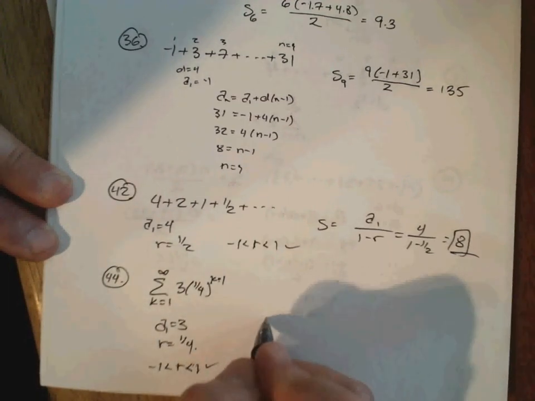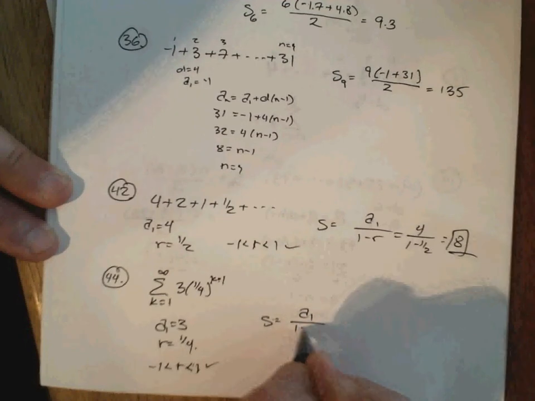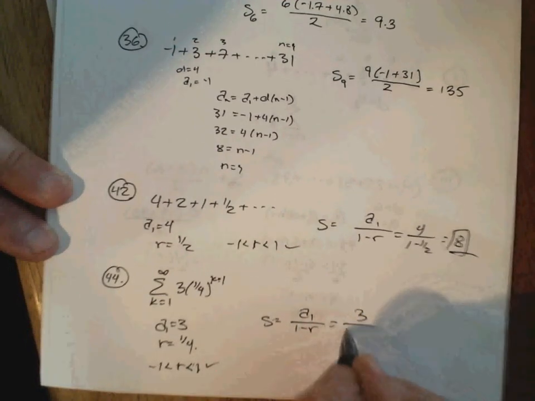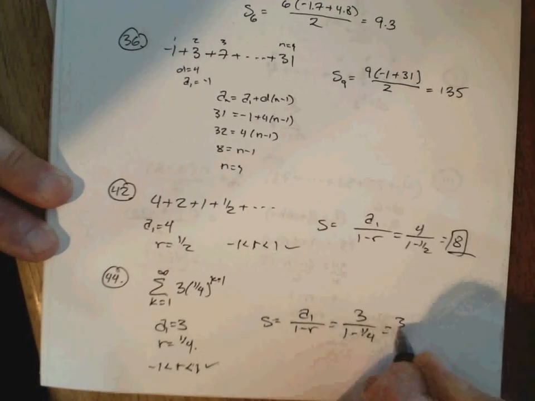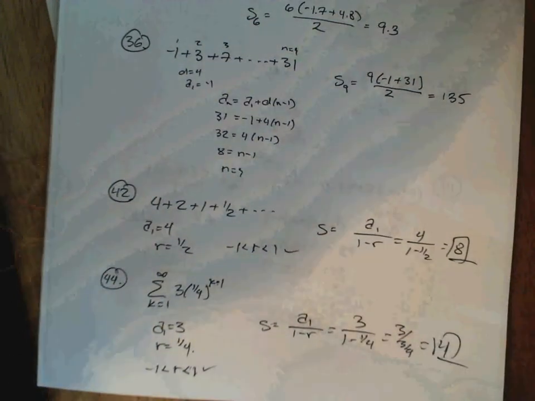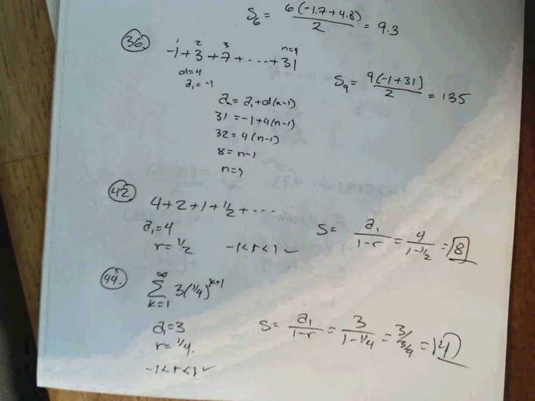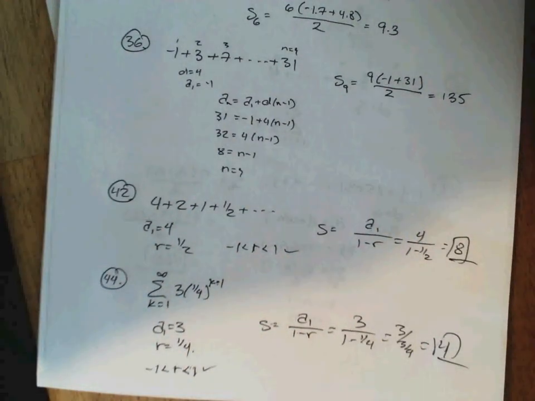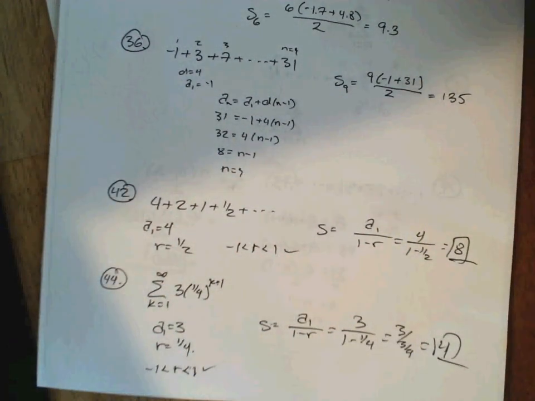And so that's between negative 1 and 1. That means you can use this summation formula. So 3 divided by 1 minus a fourth, that's 3 divided by 3/4, which is 4. And there's the sum. Okay? So that's it for section 11.4. Please do a good job on your homework and get ready for your exam.